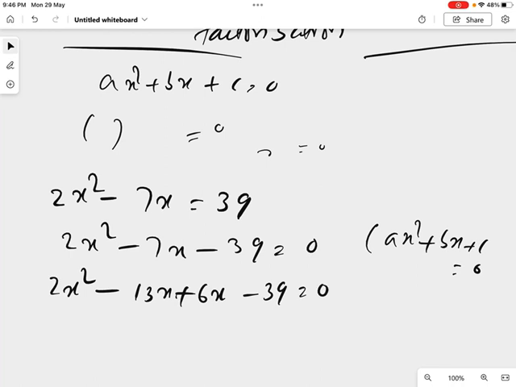So 13 minus 6 means 7, so the middle term is split as minus 13x plus 6x.